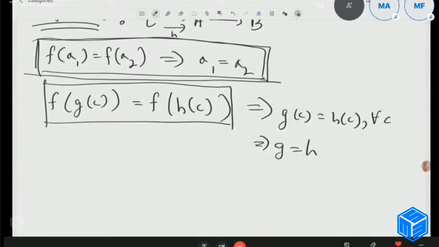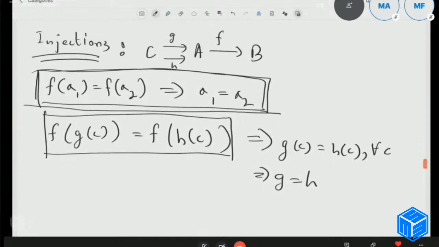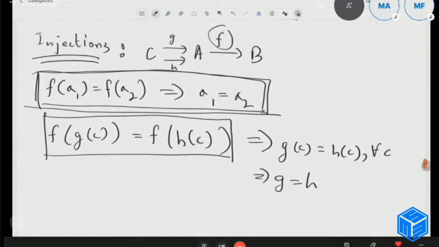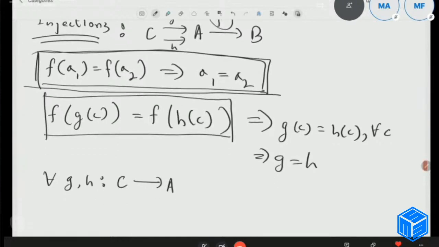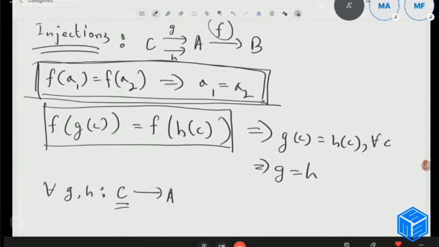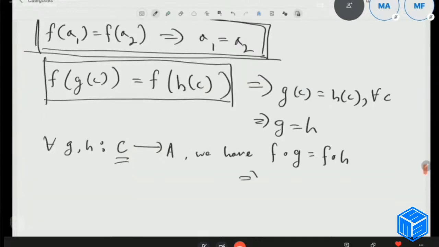So if F is injective, then for all maps G and H going into some A with common domain, F composed with G equals F composed with H implies G equals H.